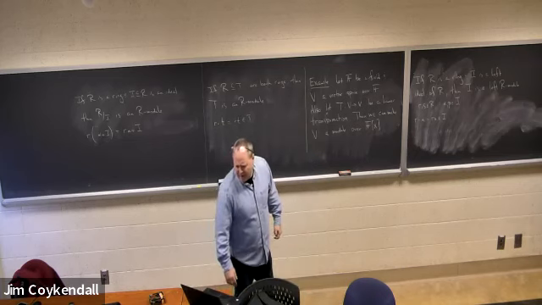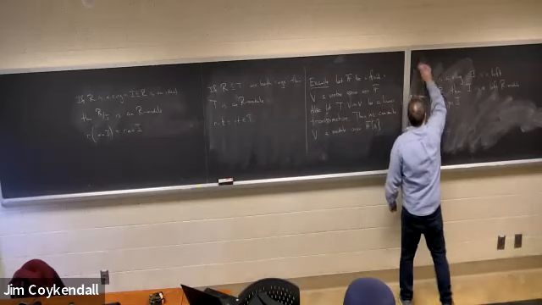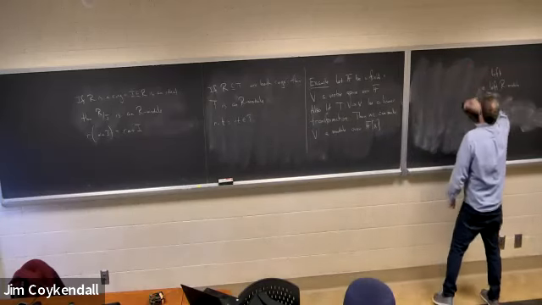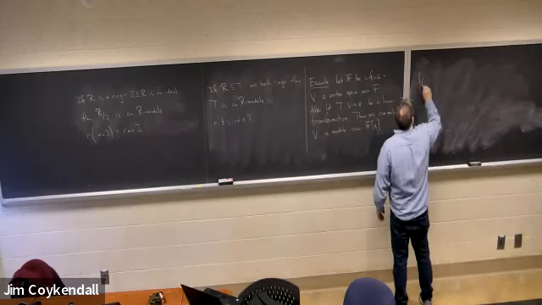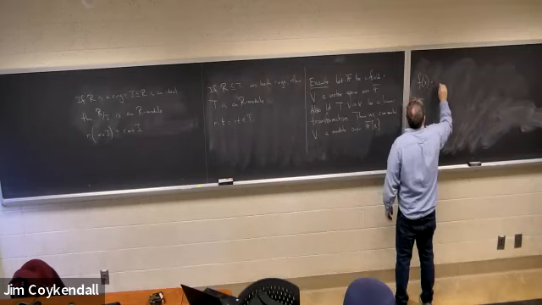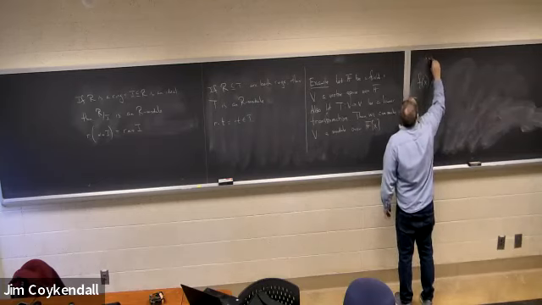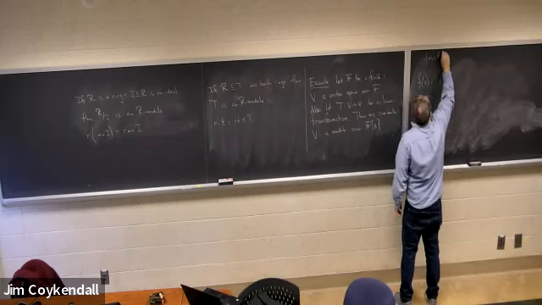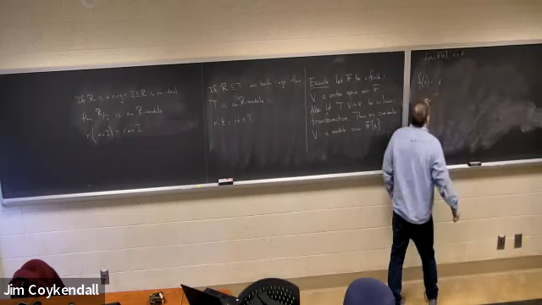And here's the way I'm going to do this. So let f(x) be a polynomial over the field and v in the vector space.